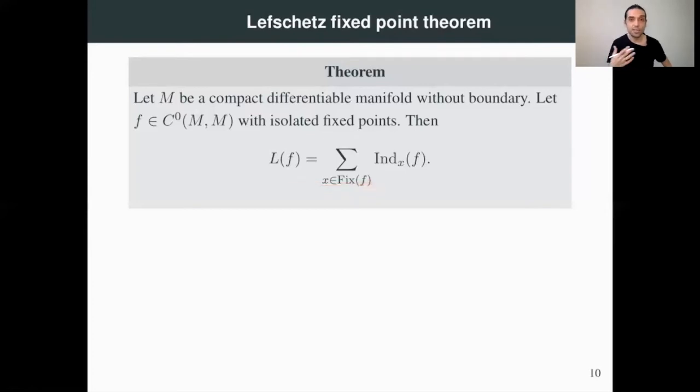But analogously to what happens for vector fields, this result can be extended to the case of isolated fixed points, just as in the case of vector fields it's the case of isolated singularities. And we have this very cool theorem that relates this Lefschetz number, which is a global invariant of F, with this local data.